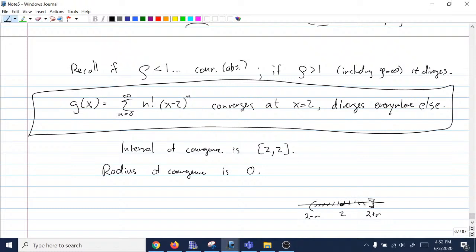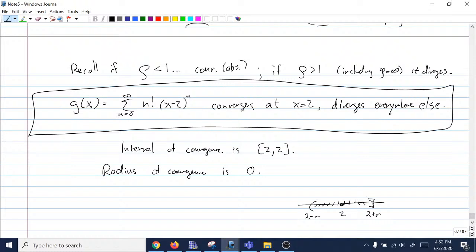That interval might include the endpoints. It might not include the endpoints. It might include one endpoint or not the other. But it'll always be an interval centered at 2 of some radius. The radius might be infinity, in which case it converges everywhere.